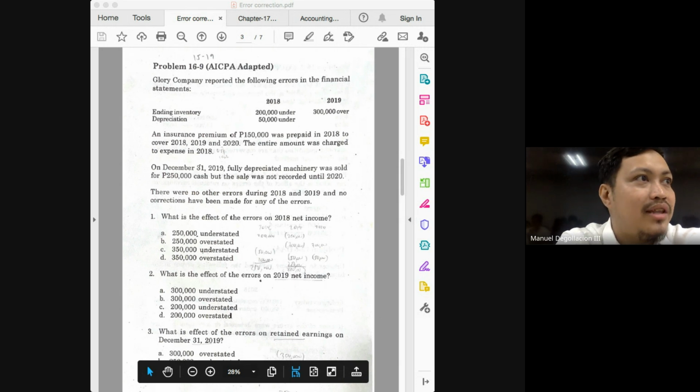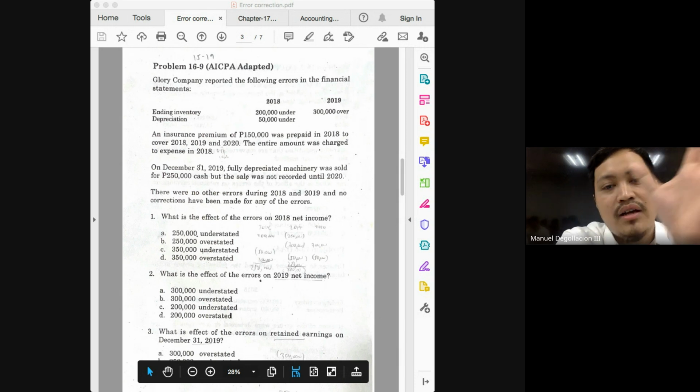Its carrying amount is 0. But you were able to sell it for 250. So when you sold it, class, just to simplify the illustration, your entry would have been debit cash, 250,000, and credit gain on sale in the amount of 250,000. Why do I say that's the simplified entry for the sale?